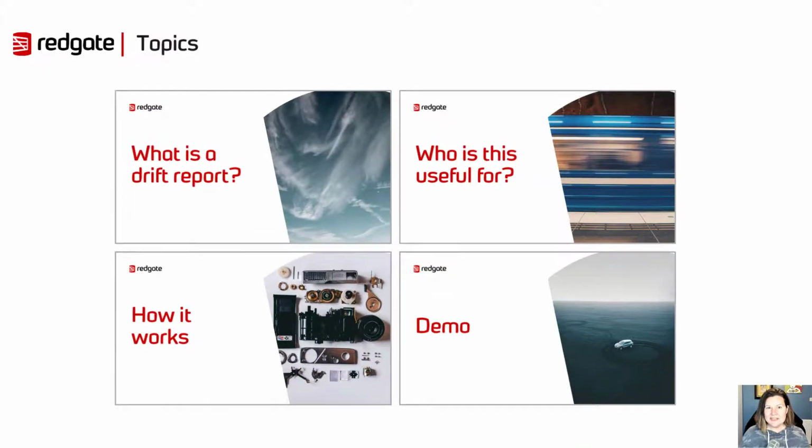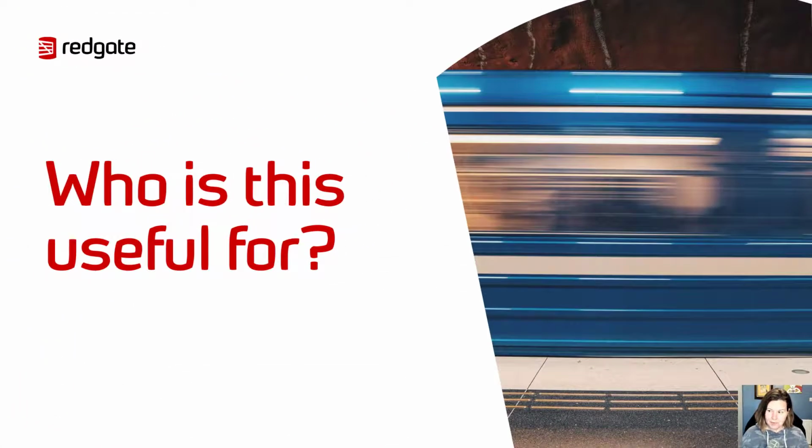So who is this most useful for? Well, as I mentioned, if we have long-lived databases, so if we have a situation where we have shared environments for development, for test, and we don't have the ability to create these on the fly, we don't have the ability to reset these very often, a general rule is just that the longer an environment exists, the longer it can drift from version control.